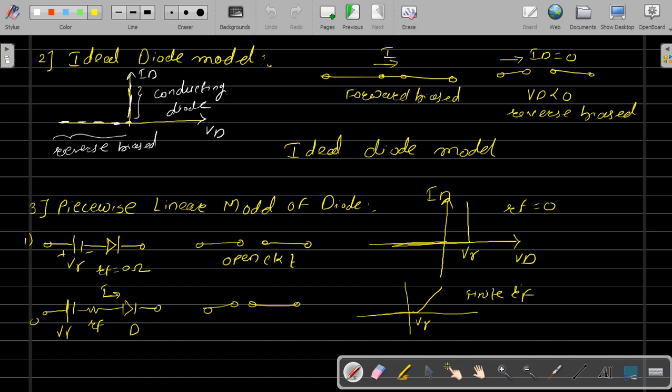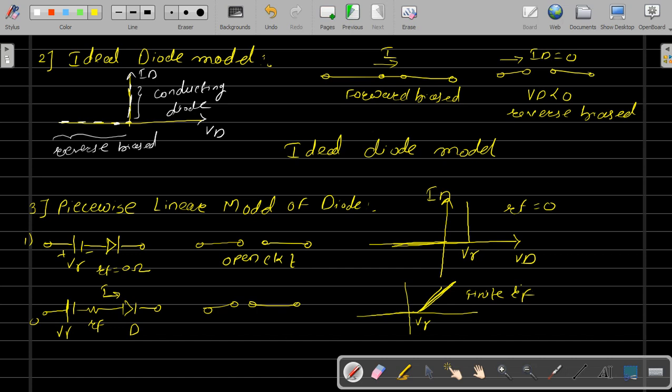But if we consider the forward resistance, then obviously this will have a bit of slope of 1 by RF. That means with a finite value of RF, we get a slope equal to 1 by RF. As this method models our diode with pieces of straight line, first piece, second piece, third piece, quite straight, no curve.